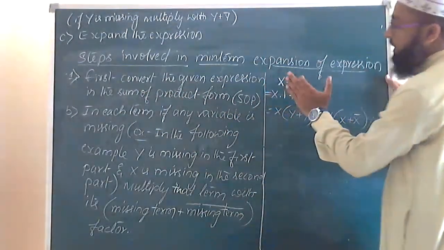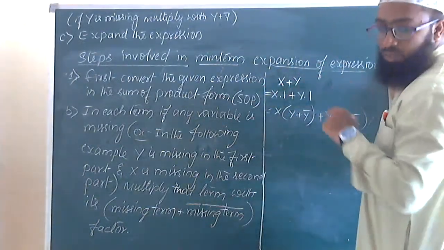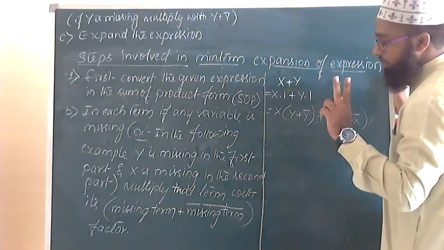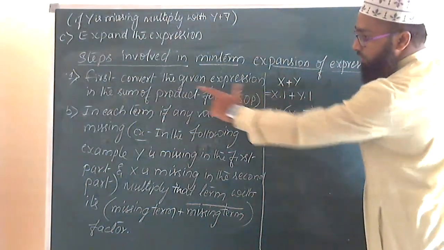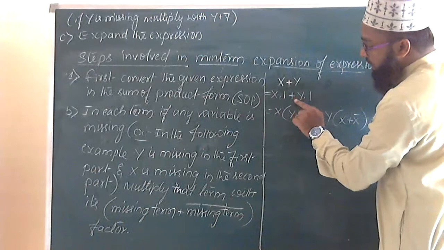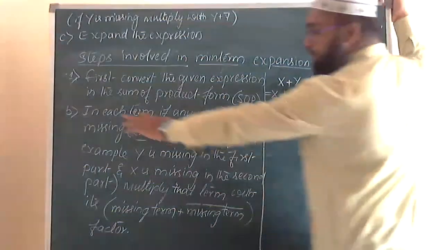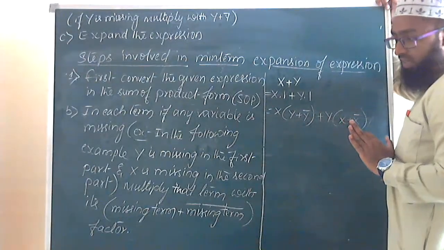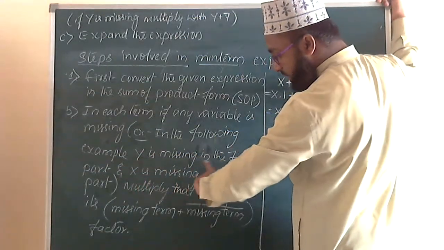Here two terms are there in the expression, so each term should contain two variables. This is the sum of two products. Then in each term, if any variable is missing, what do we have to do?